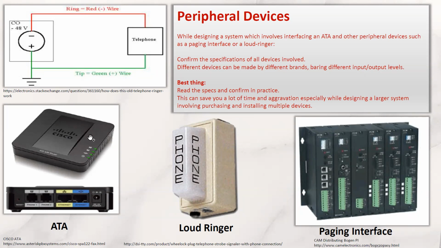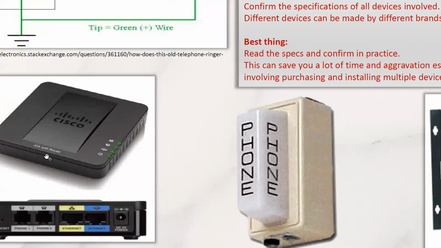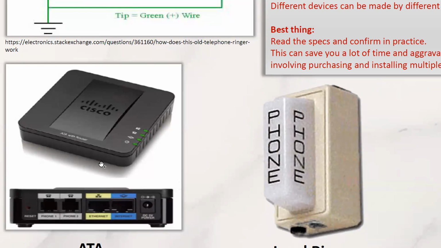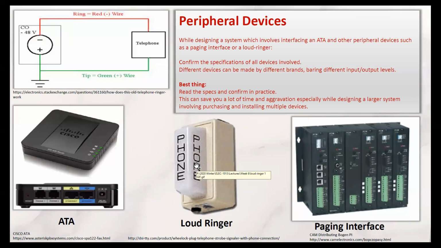So here's a paging interface that is connected through an ATA adapter, and the ATA adapter is connected to the phone system. This particular one is an ATA adapter for VoIP. It's a Cisco one. Some of us have already dealt with ATA adapters without even knowing about it. ATA stands for analog telephone adapter. If you have a landline phone that is not connected through POTS but through the internet, the company that provides the internet gives you a modem, and they also give you something called a phone box.